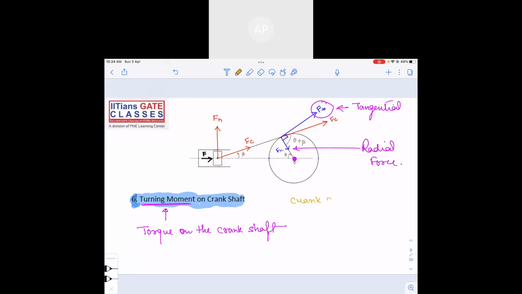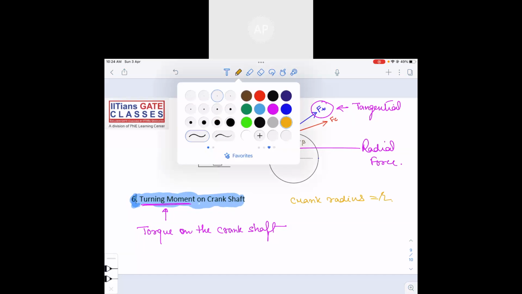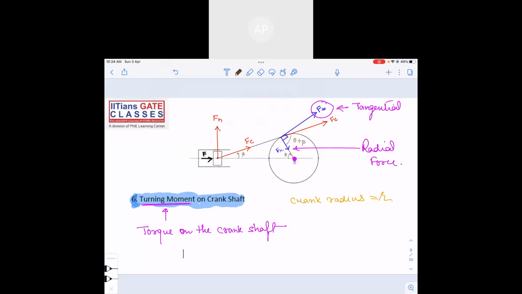In that case, the turning moment, that is the torque, is equal to Ft into r. Turning moment is Ft into r.